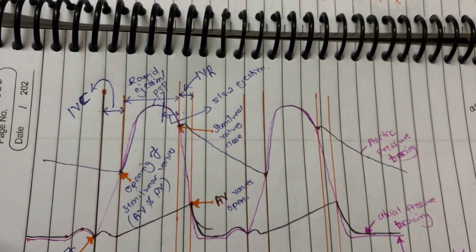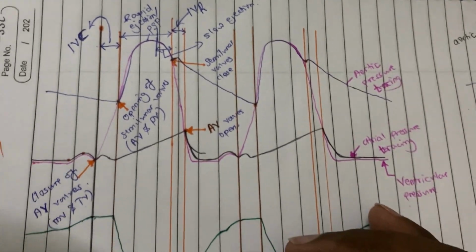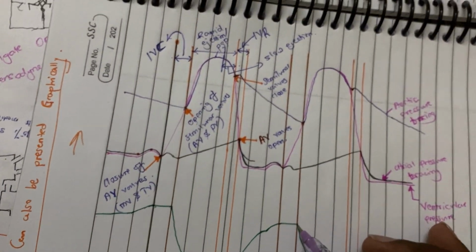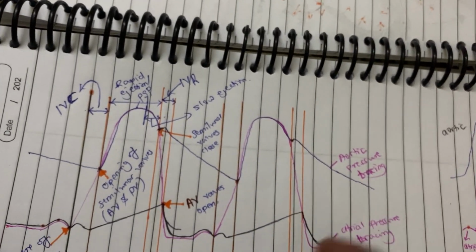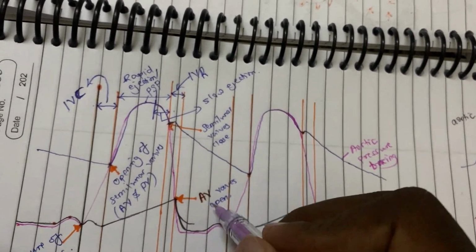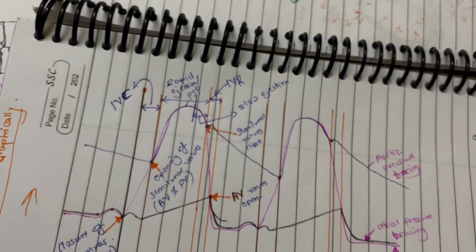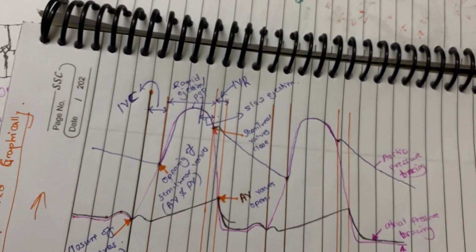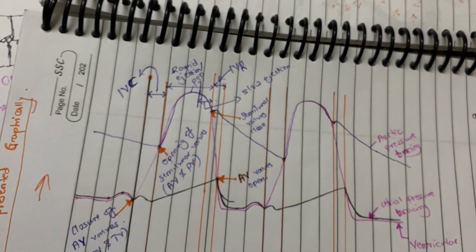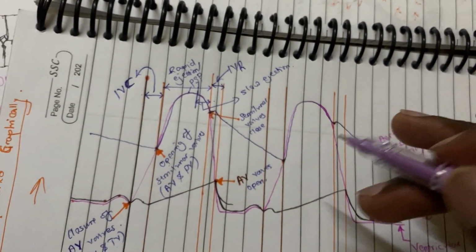We have the filling phase, where the ventricular volume increases. Filling also has 2 phases, rapid filling and then slow filling.